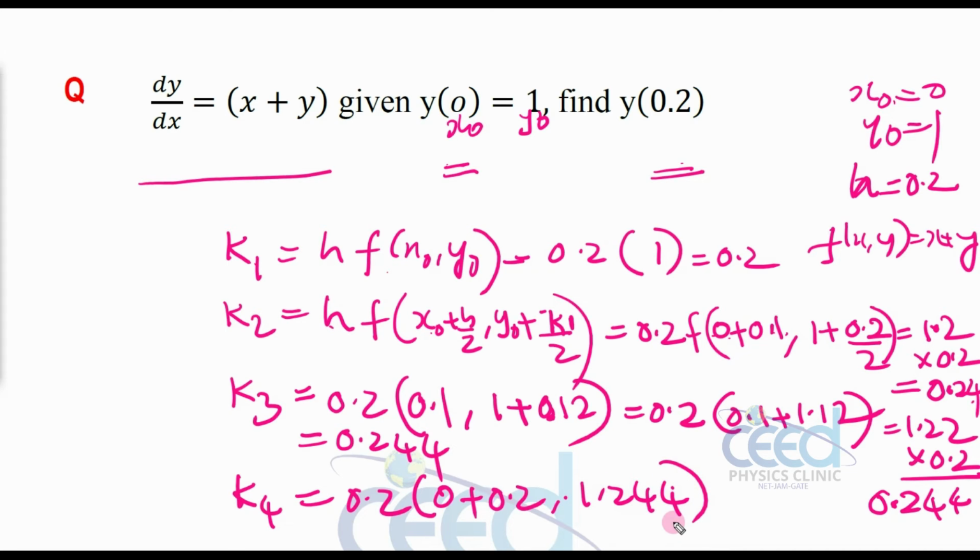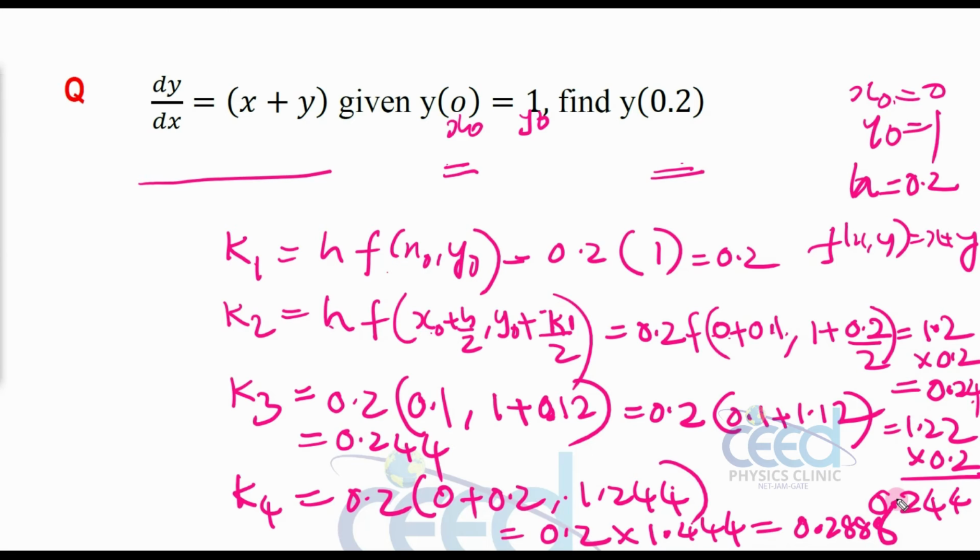So k4 is 0.2 into, adding 0.2 and this, that is 1.444, that is equal to 0.288.